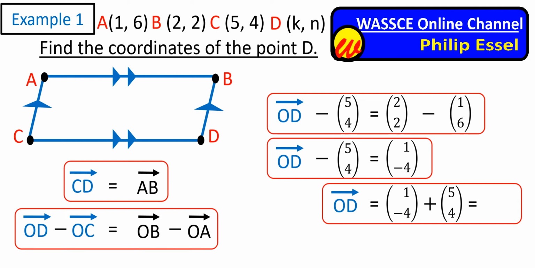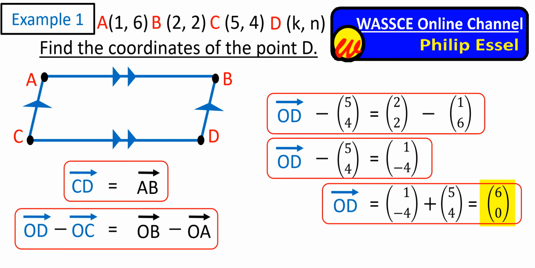When you compute this, you would get the vector 6, 0. When you have 1 plus 5, that will give us 6. And when you have negative 4 plus 4, that would give us 0.